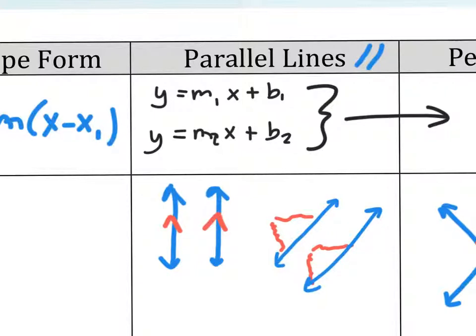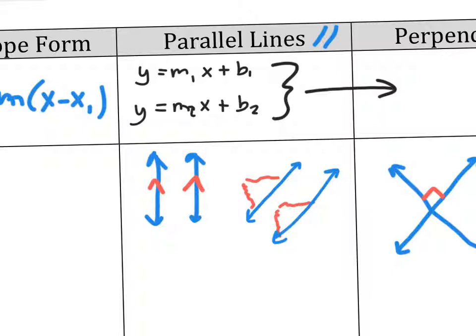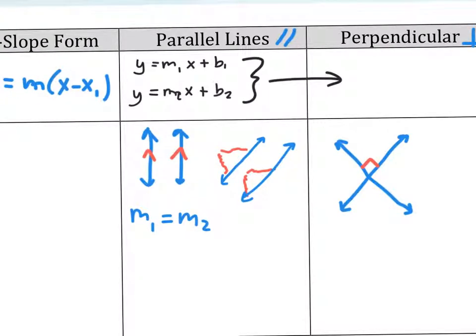That's slope. So what can I say about the slopes of parallel lines? The slopes are the same. That's the key of parallel lines. Now, what's also key is not only are the slopes the same, but their b's are different. B1 can never, ever equal B2. They cannot have the same y-intercept.